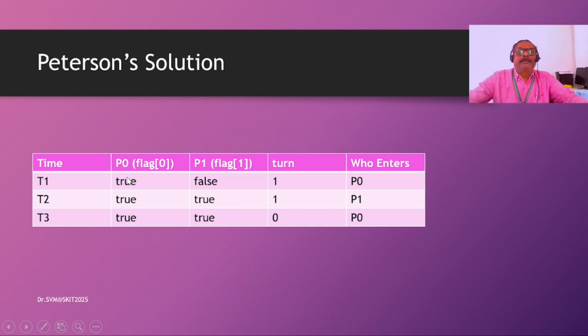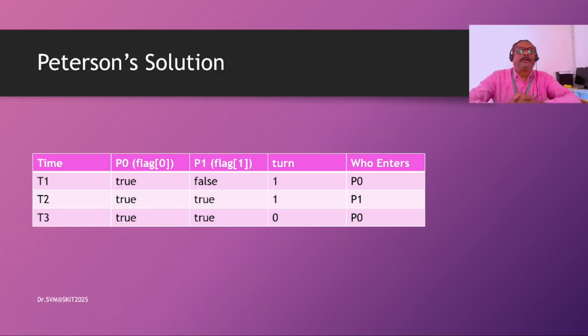Because this is false, the wait for P0 is cancelled, so P0 gets into the critical section. On the other side, if both are true, then if turn is 1, P1 goes into the critical section. If turn is 0, P0 goes into the critical section.